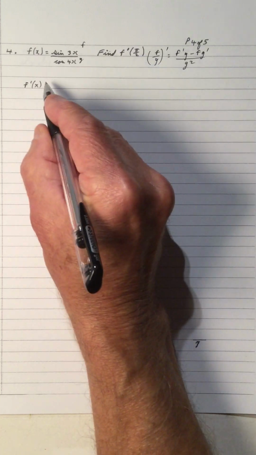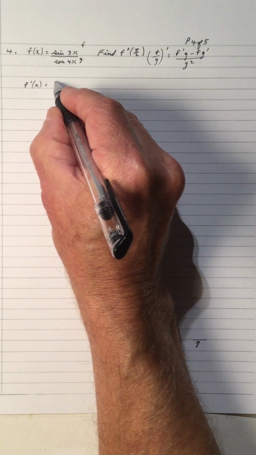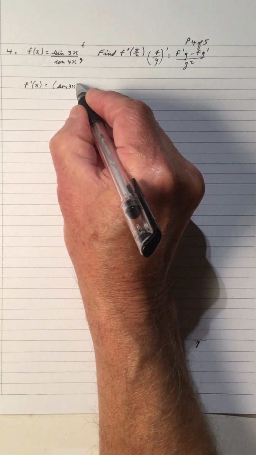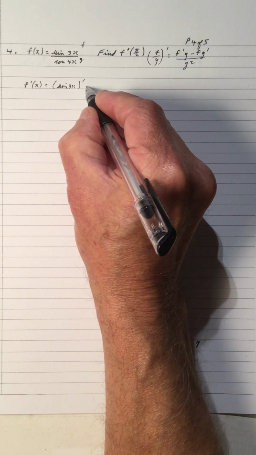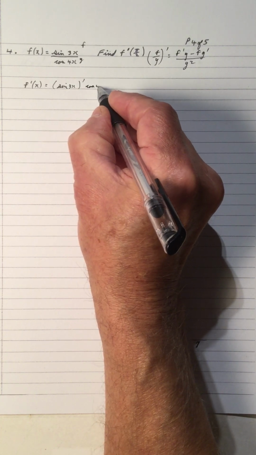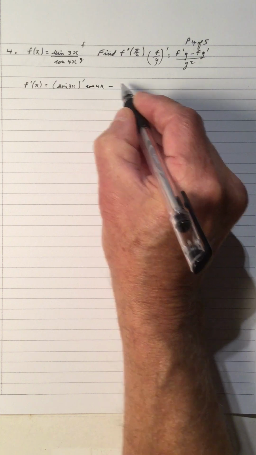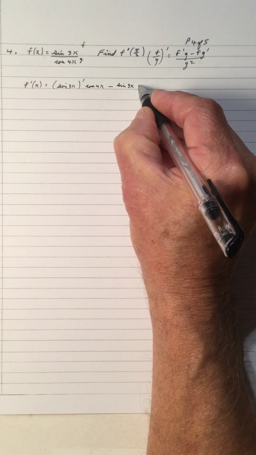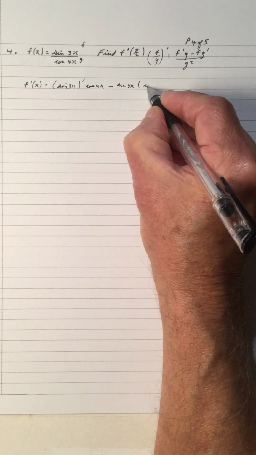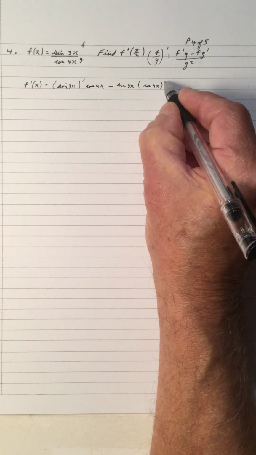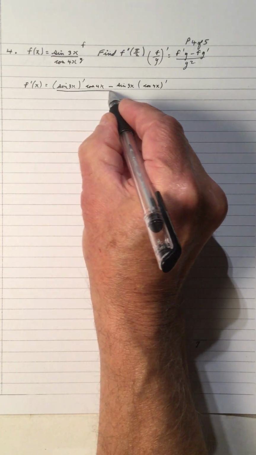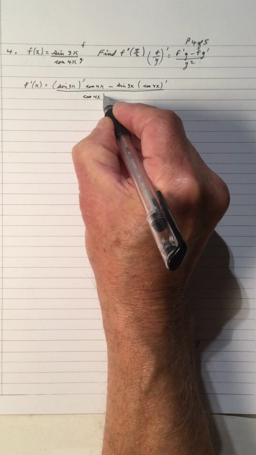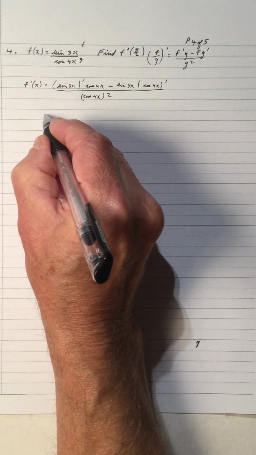So the derivative is, we have f prime, so that's the sine 3x derivative, times g, which is the cos of 4x, subtract f, which is the sine of 3x, and we do the cos of 4x derivative. All over the cos of 4x squared.